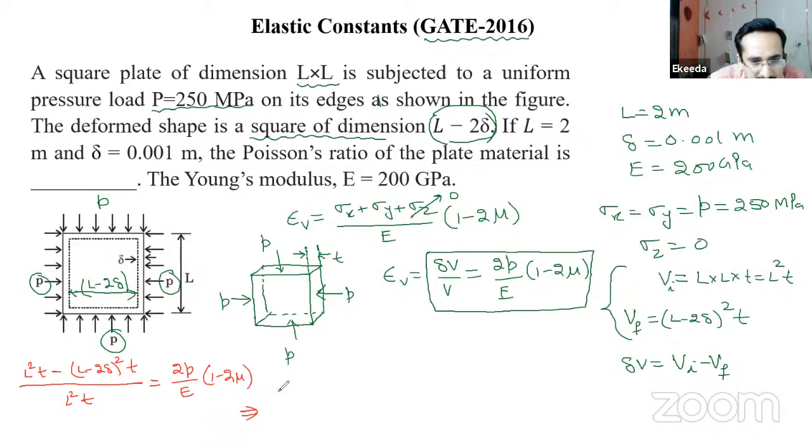So we can write L square minus L minus 2 delta whole square by L square equals 2P by E into 1 minus 2 mu.